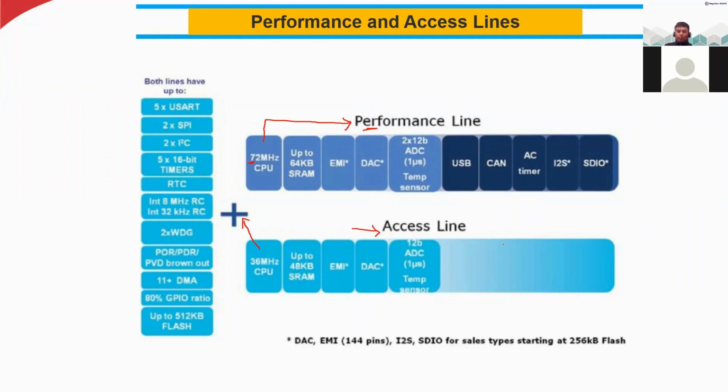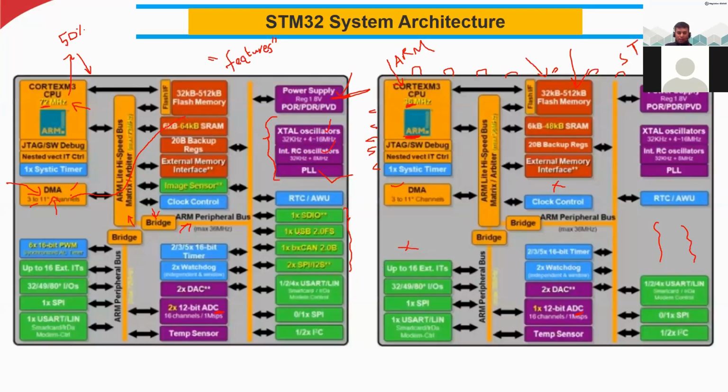It does not have as many interfaces as this architecture. You saw this one has so many interfaces: USB, CAN, ADC, timer, I2S, and SDIO. Here we don't have anything. So that is what I said: here we have more interfaces, and here we don't have enough interfaces.